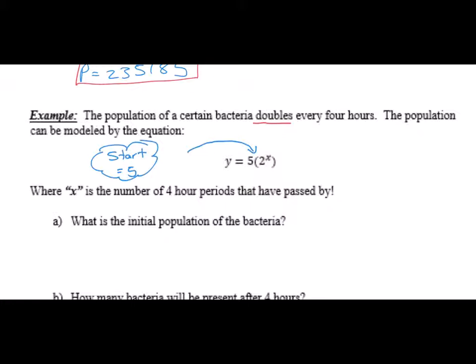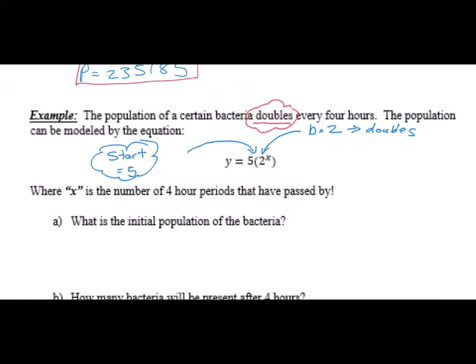Now, the growth factor is the b value. In this case, it's 2, which means that it doubles every x block of 4 hours. Isn't that what we said here?